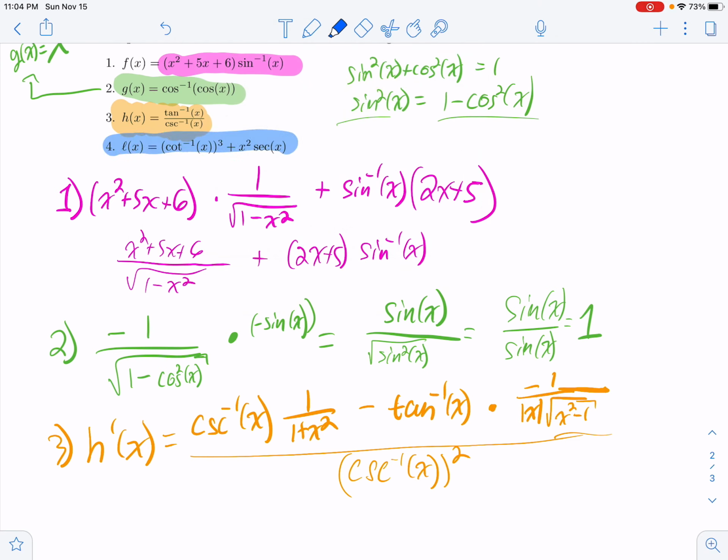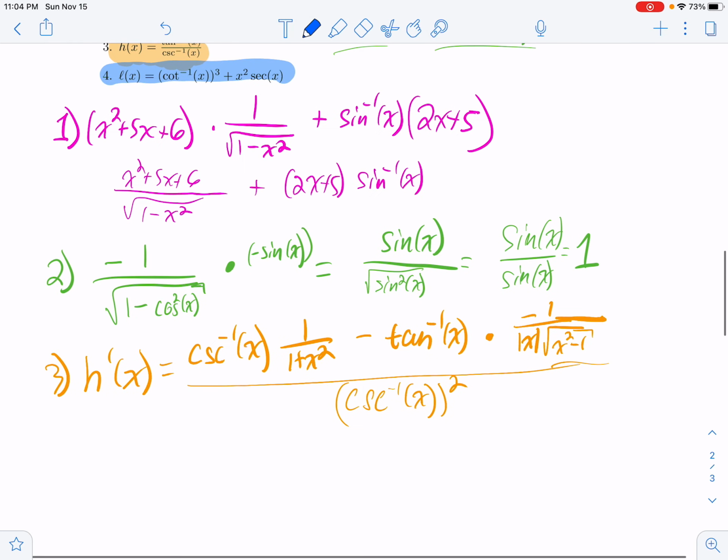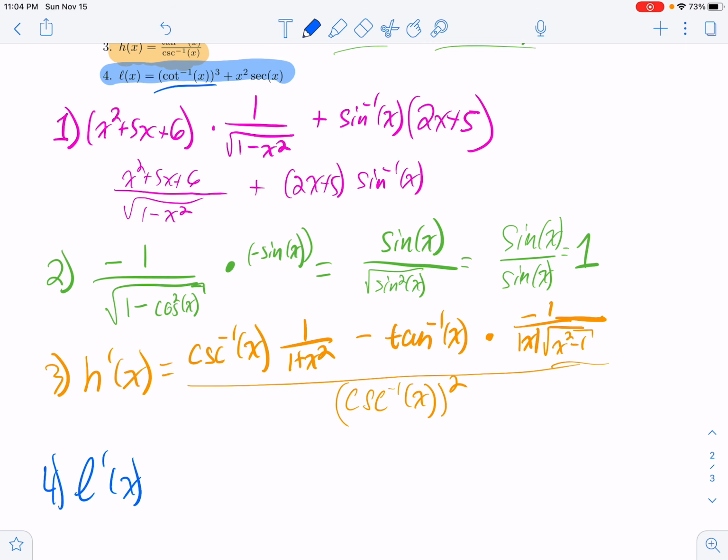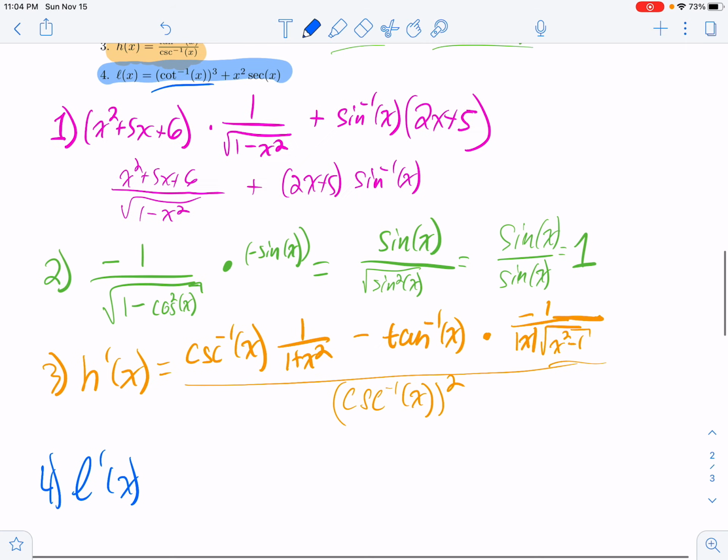Finally, L of x here. So we do L prime of x. For this first guy, I got cotan to the third power. So I need a chain rule here. So this is going to be 3 cotan inverse of x squared, right?